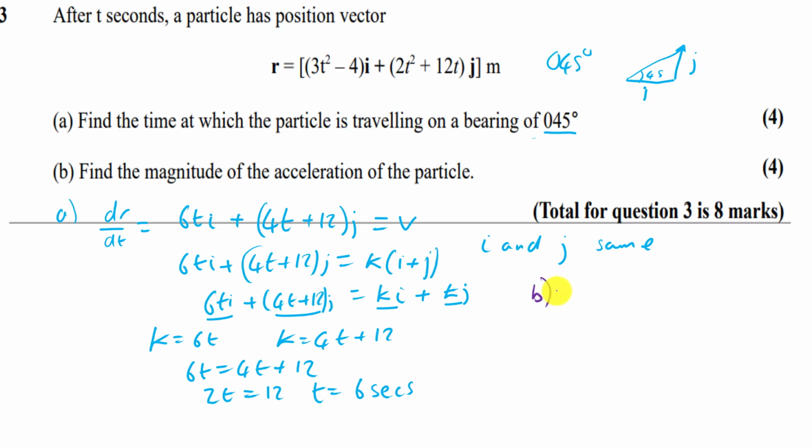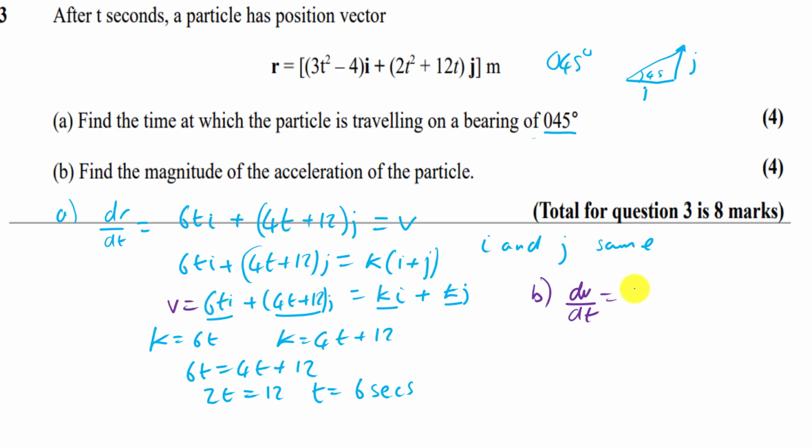Yeah, so we have to differentiate the velocity to get acceleration first, right? So we could call it dv over dt, I guess. dv dt, because that is actually v here.